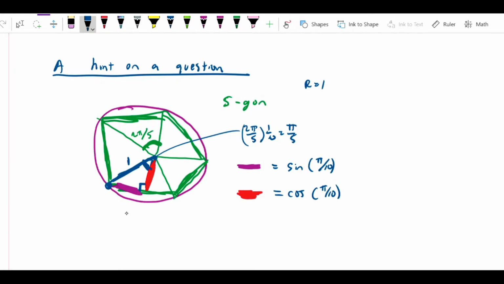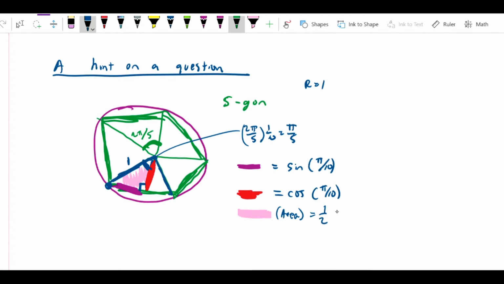Okay, so if I go back to this full triangle here, the full triangle is really going to be two of these triangles. That pink triangle is going to have an area of 1/2 times those two legs.